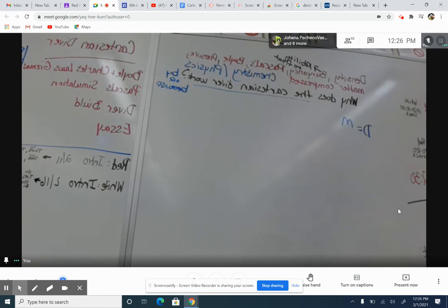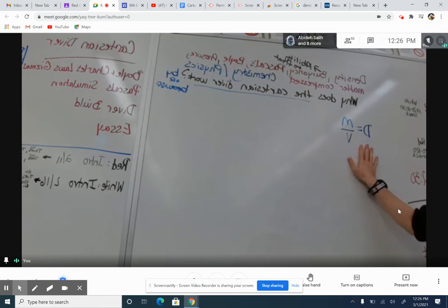How much mass is in a given space? Yeah. What else? Brandon, what is it? Volume. Thank you. So density is equal to mass over volume. All right, we all have that written down somewhere?